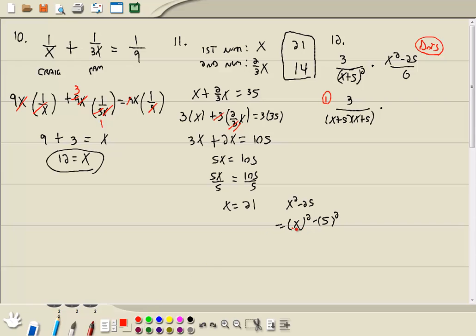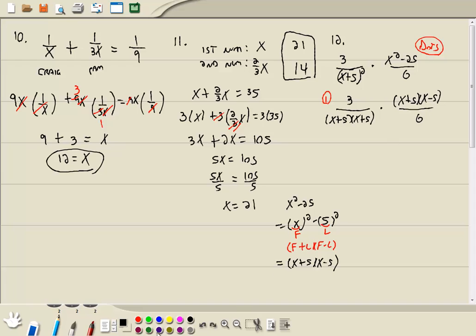I'll label what's inside my first set of parentheses as F for first, and what's in my last set of parentheses is L for last. And we got F plus L, F minus L. Now everywhere I have an F, I'll plug in X, and everywhere I have an L, I'll plug in 5. So I got X plus 5 and X minus 5.